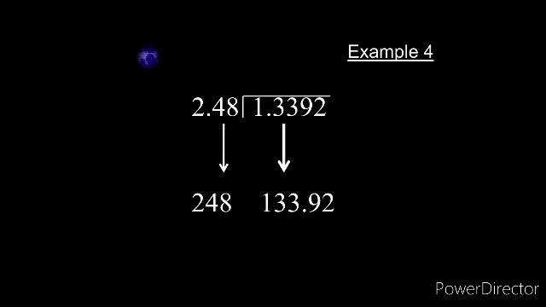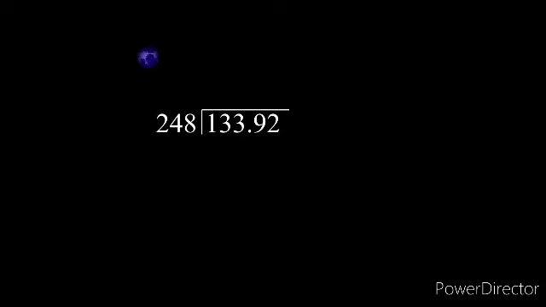After this, class, let's start dividing this problem. But let's apply the first rule: we put the decimal point in the quotient portion. So we put the point, then after that let's start.